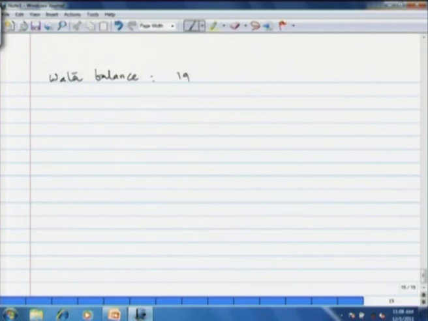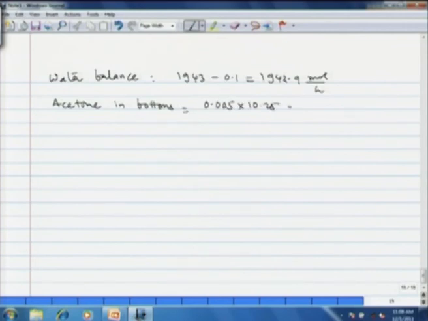The water that ends up in bottoms of the distillation column is 1942.9 mole per hour, just 0.1 mole less than the water that is fed to the system, and the acetone in bottoms would be 0.005 into 10.25, that is equal to 0.0515 mole per hour.